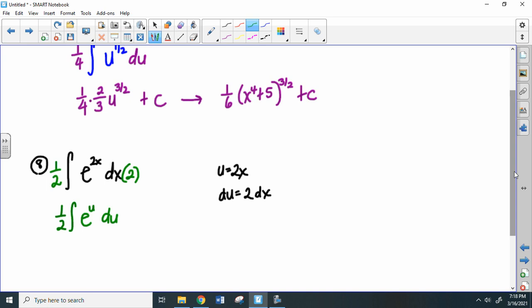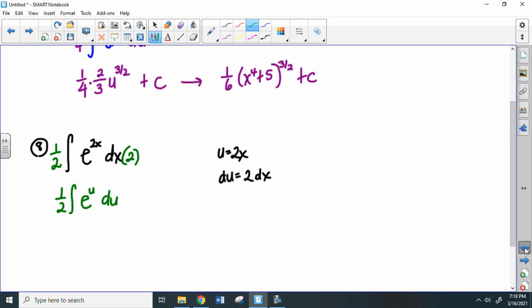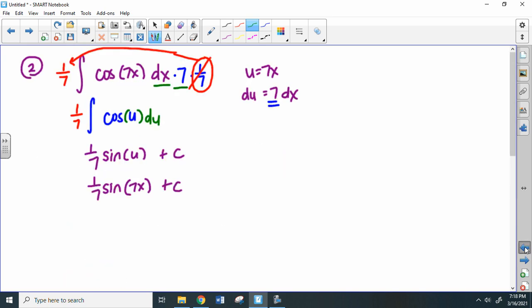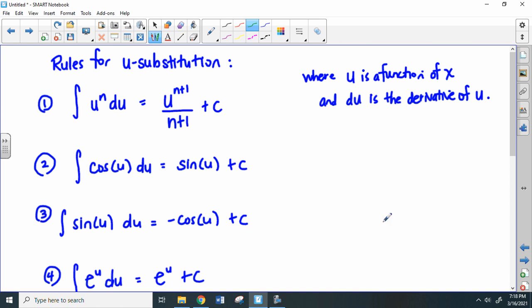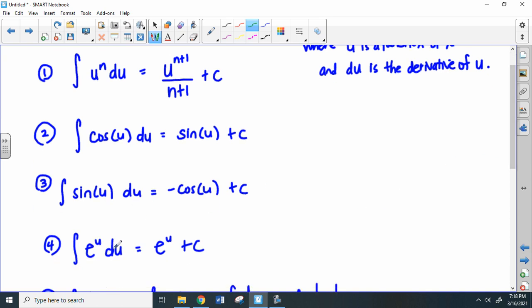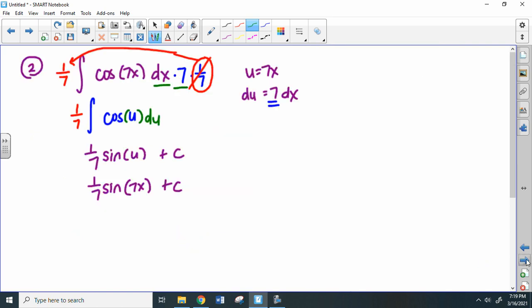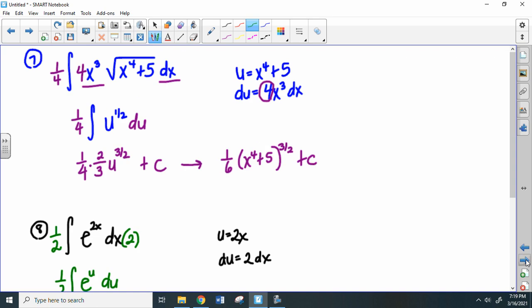And that's one of the rules that we wrote down when we first listed all the rules. The integral of e to the u du, once you have it in that form, the answer is e to the u plus c. So we've set it up in that form, and there it is.